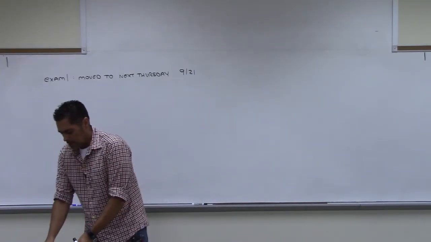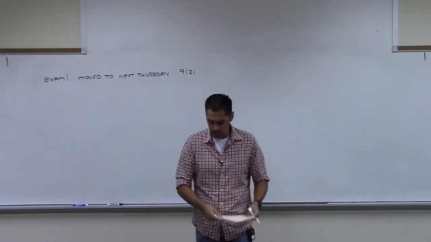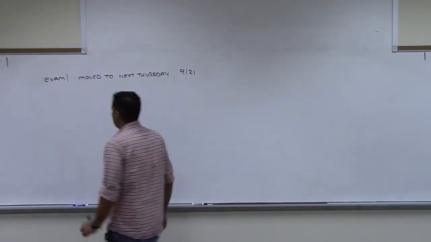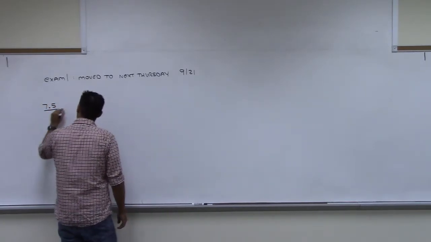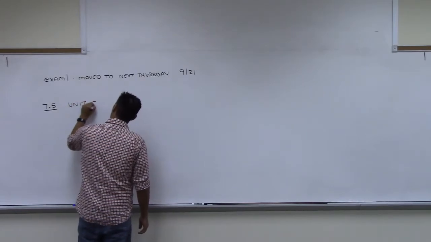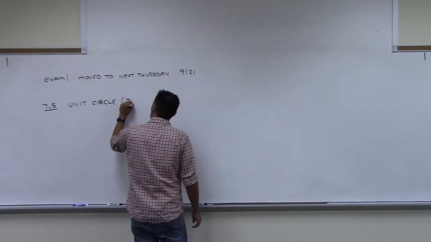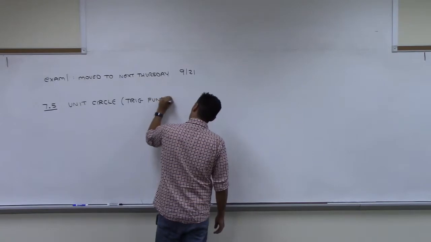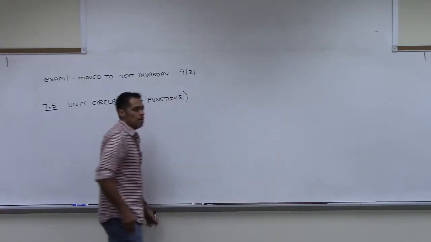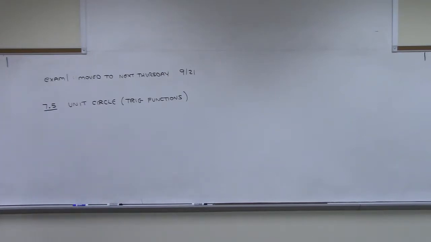All right, today is a very important day for what we're going to talk about. 7.5, the unit circle, and specifically the trig functions. Now, how many of you have heard of the unit circle before?